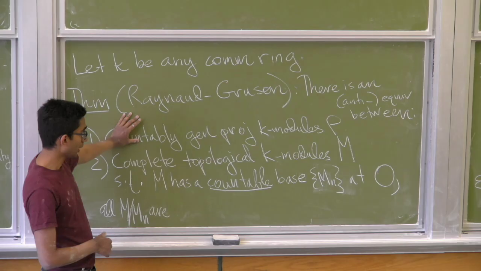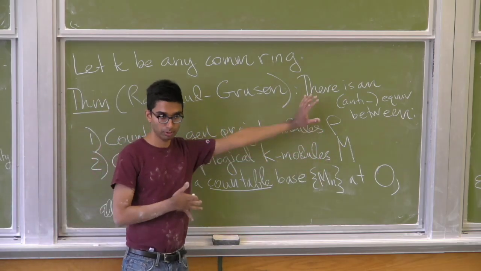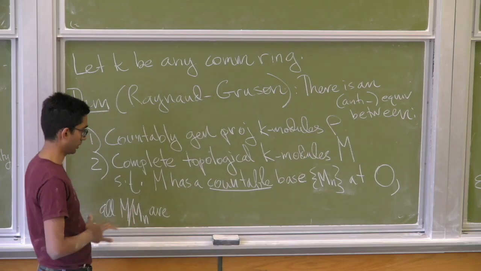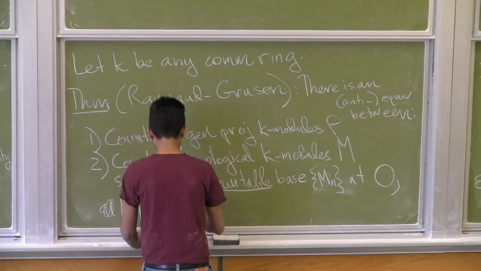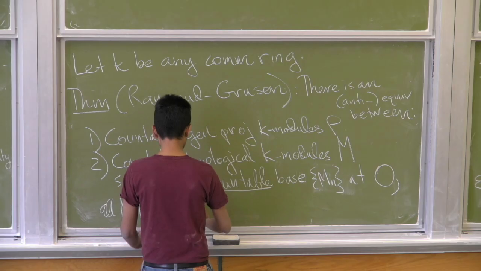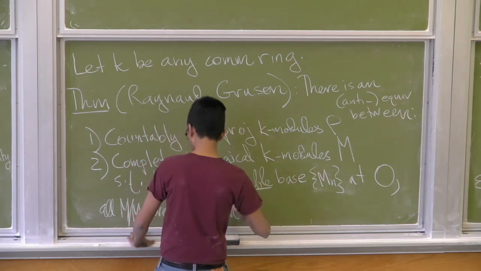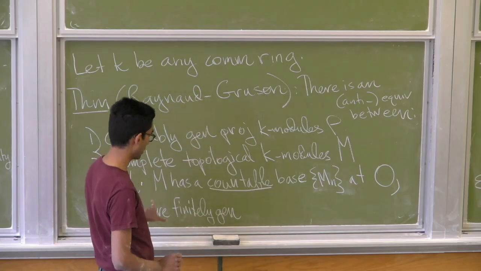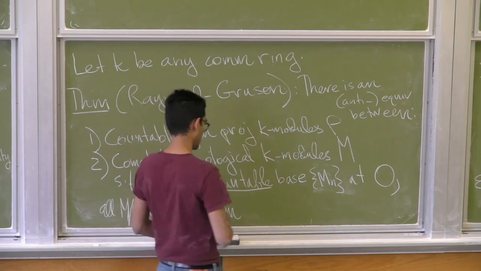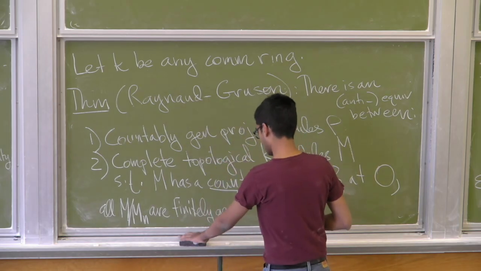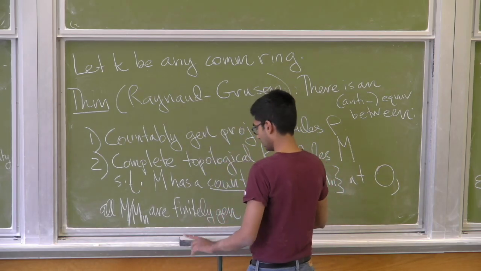So we got the idea. This is just going to be linear duality. You have a module and you take its dual with the natural topology. And the conditions are, okay, so all of these things are finitely generated. I'm sorry.